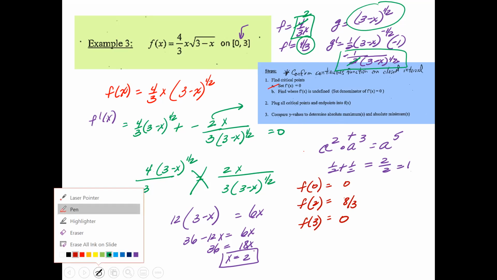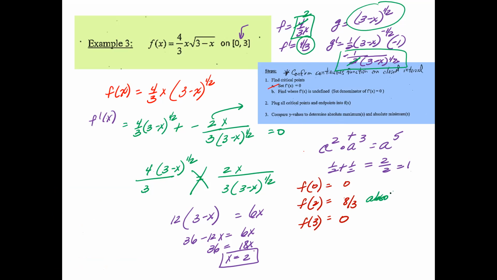So what that tells me is that your absolute max is going to be at 2, 8 over 3, and you have your minimum at 0, 0, and a minimum at 3, 0. And that is your answer, you guys.